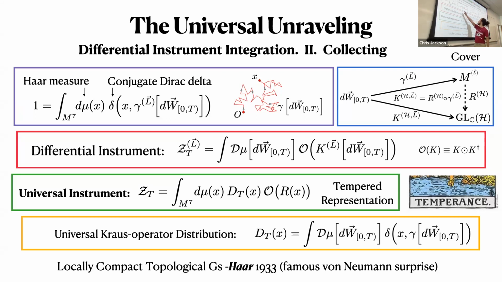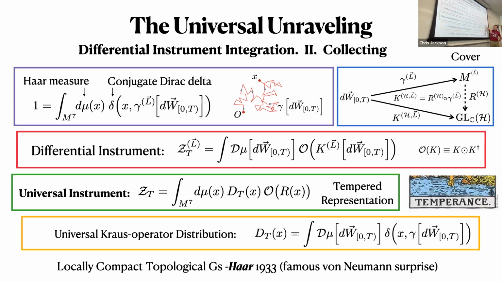So, if you've been paying attention, this is not a K anymore, it's a gamma, because I'm changing my perspective a little bit. I'm pointing out that if you started out with the Krauss operator, you probably had a Hilbert space in mind.